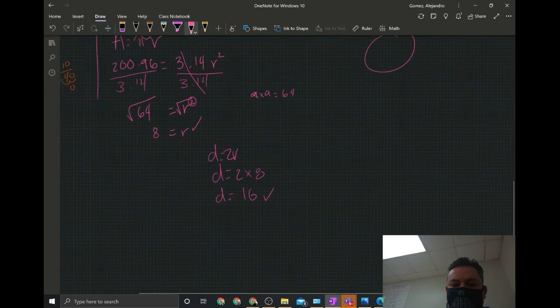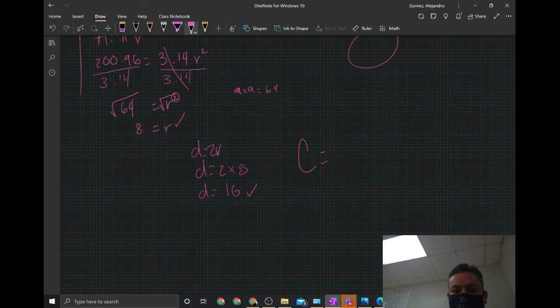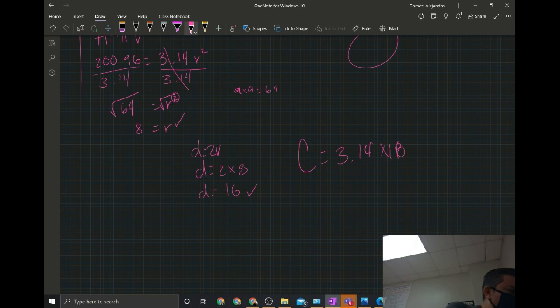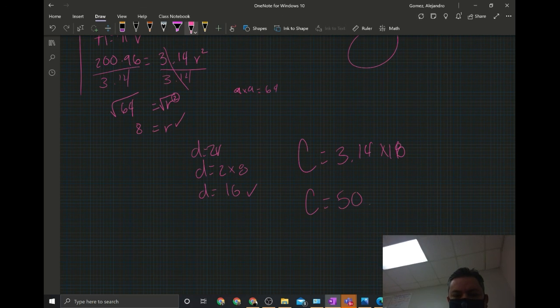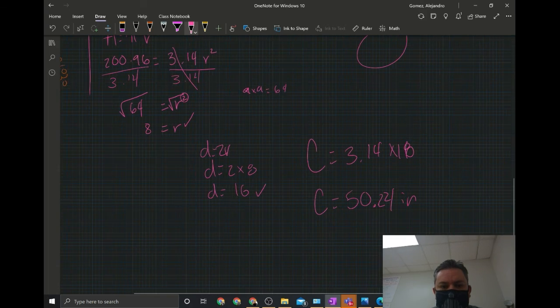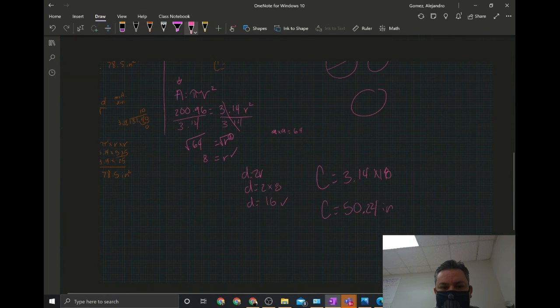Now I have to find the circumference. C equals 3.14 times 16. And when you multiply 3.14 by 16, you get the circumference of 50.24 inches. And that's how you work it backwards.